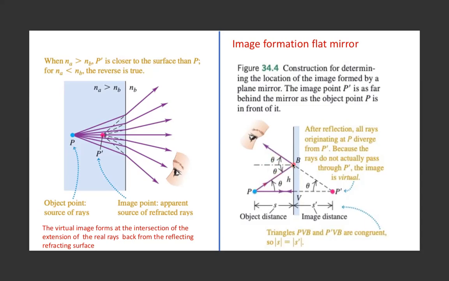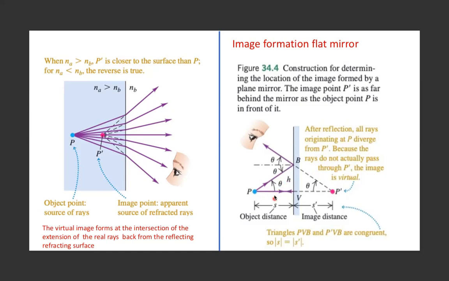This ray goes to your eye, and somehow it gives the impression that it comes from somewhere behind the mirror. This ray over here is reflected exactly back the same way because this is normal incidence. The one that is reflected back, you can extend it back like this, and you can extend this one back like that to find out where the position of your image is, okay?